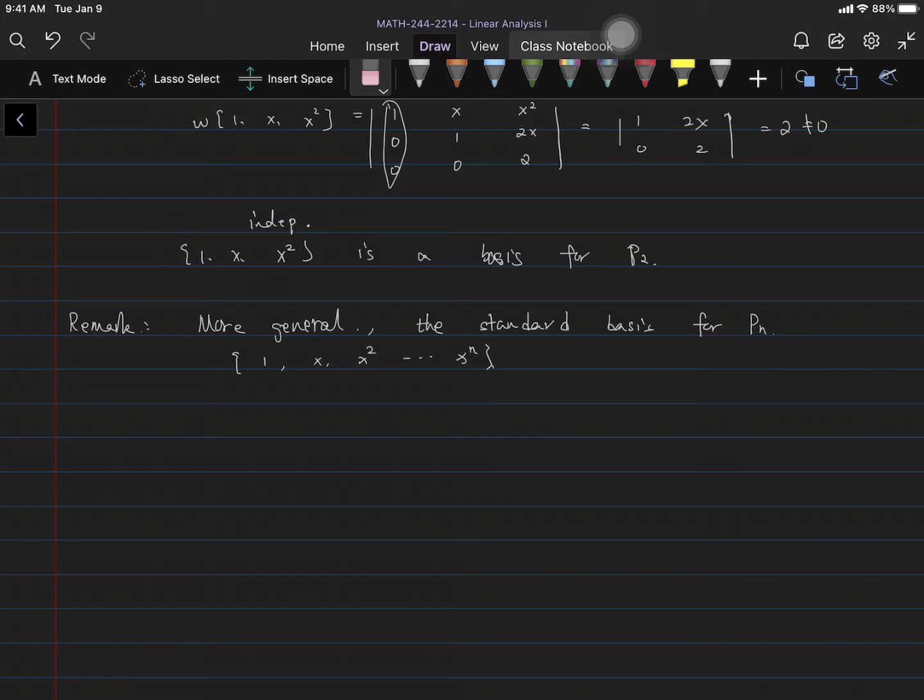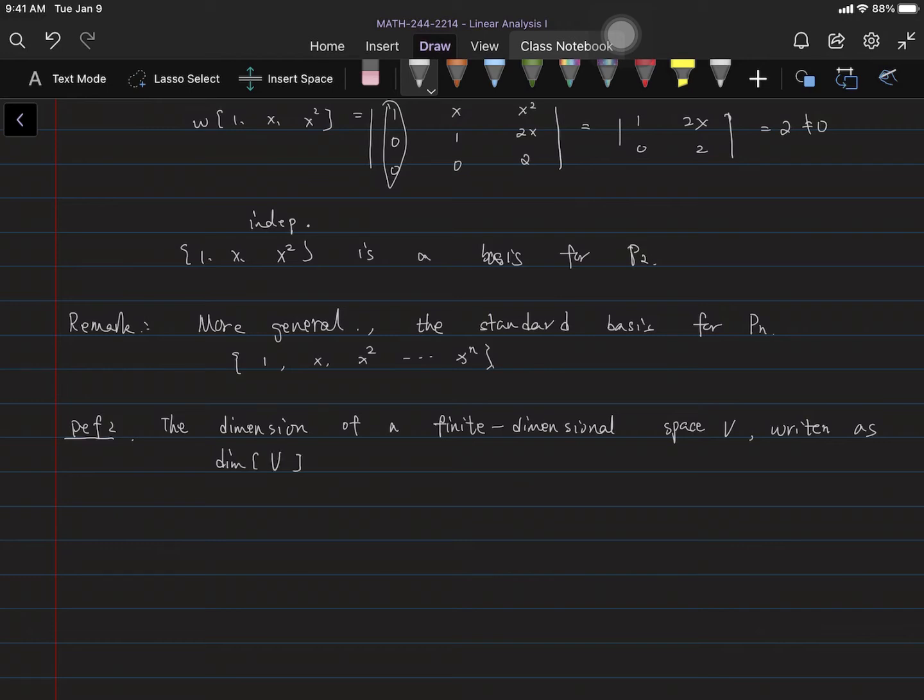Now let's take a look at definition 2. This section is called basis and dimension. So the second part is going to be dimension. Definition 2. Let's see the dimension of a finite dimensional space V, written as dim(V).